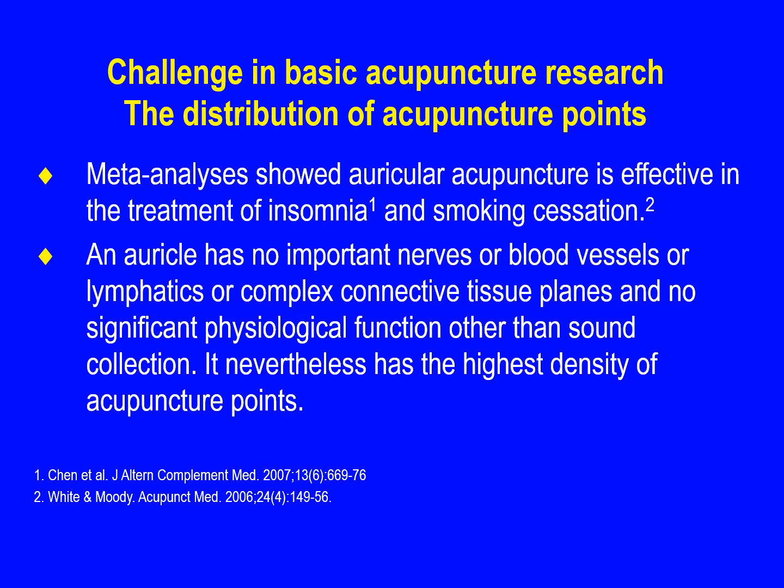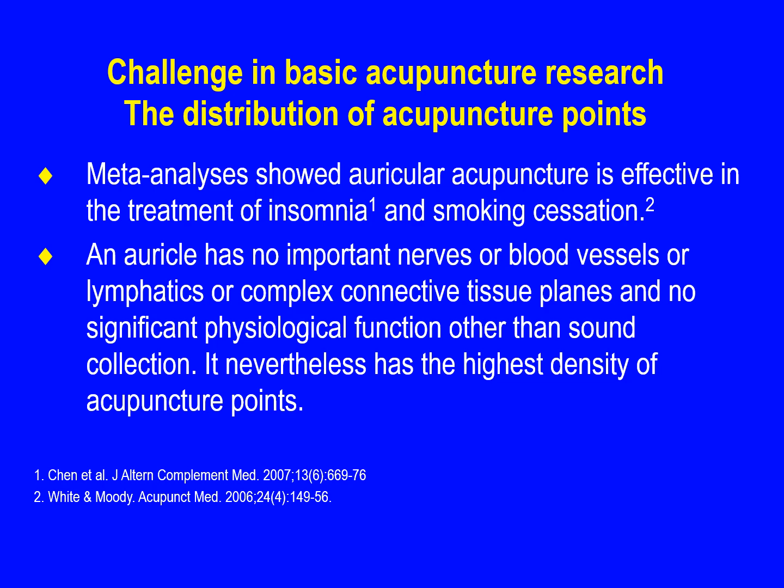There are several challenges in basic acupuncture research. One is the distribution of acupuncture points, and the key example is the auricular acupuncture point. Meta-analyses have shown that auricular acupuncture is effective in the treatment of a variety of conditions, including insomnia and smoking cessation.